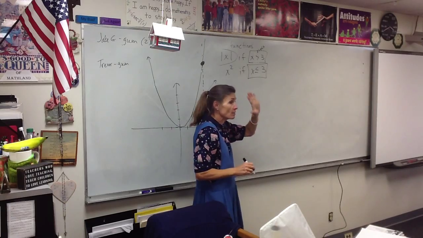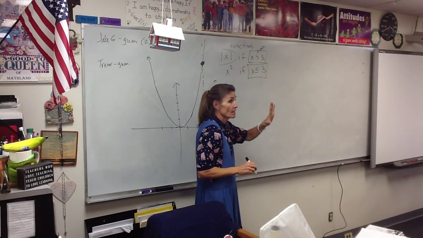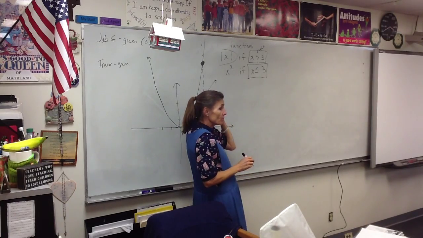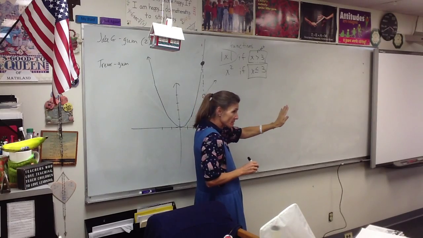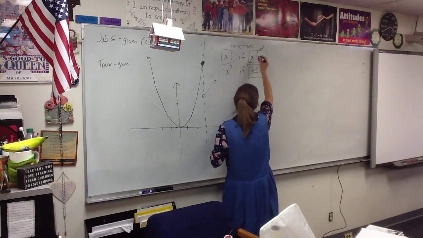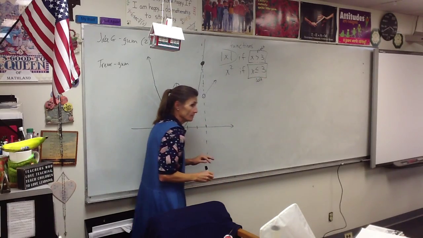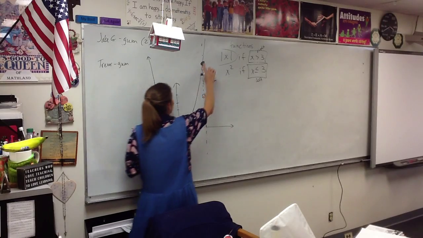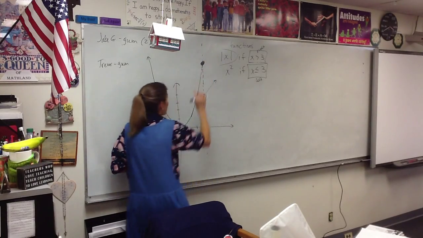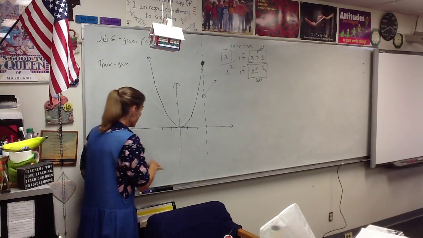Now, I don't want the whole parabola. I want either the left piece or the right piece. Well, look, if greater than means right, what do you think less than means? Less, left. So I'm going to erase everything on the right side of that line, and there is my picture.